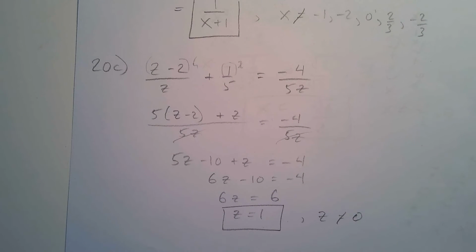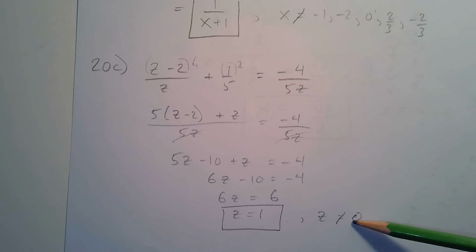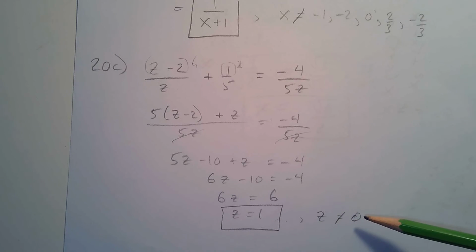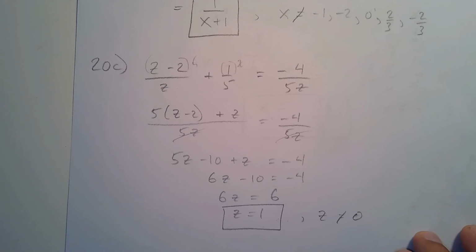And again, as far as the extraneous answers, if the answer was, say, z equals 0, and the restriction is 0, it can't be 0, then that would not be a possible answer. So you always want to compare your answer with the non-permissible values and make sure they don't match up.